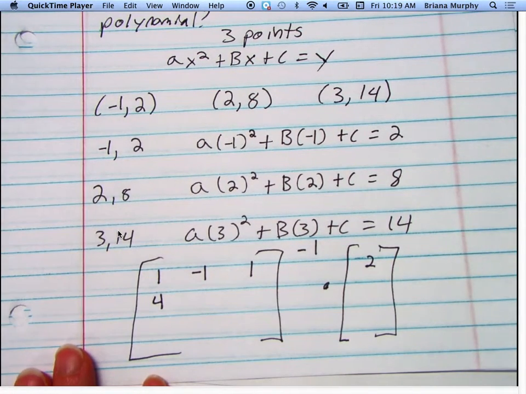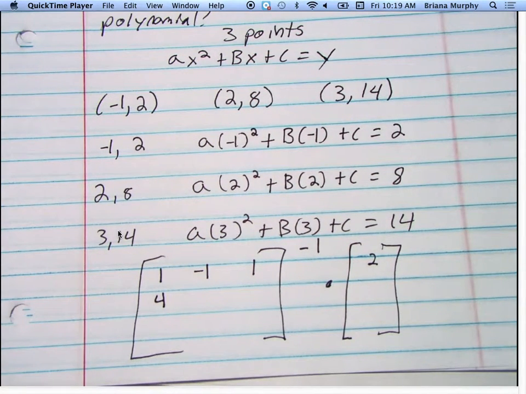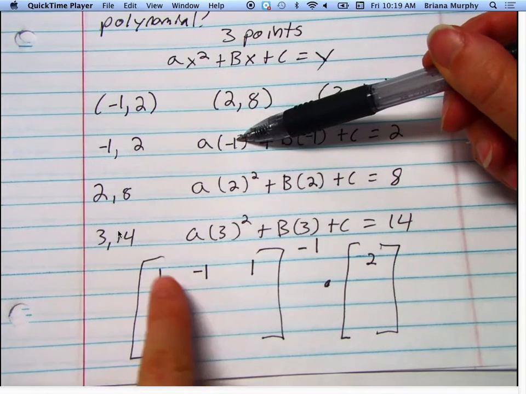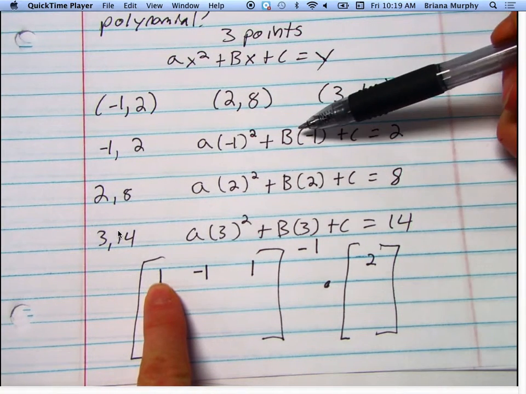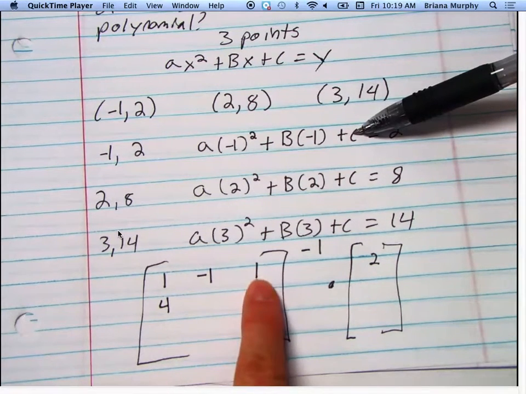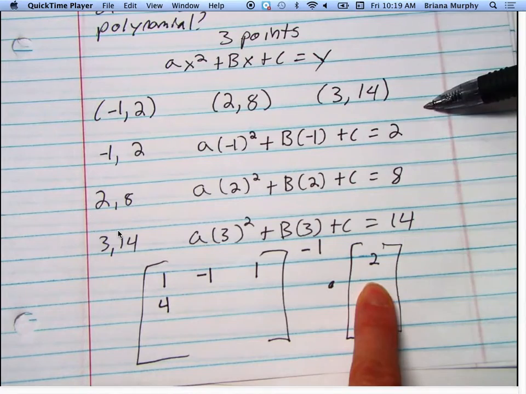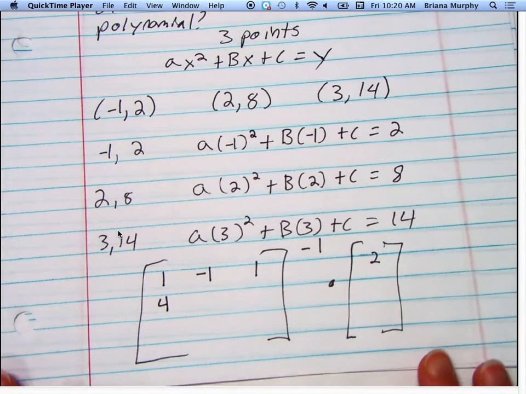Okay. So do you guys see how I took this one and put it here? This one and put it here. This coefficient, put it here. And finally, the answer matrices. So far, so good? Okay.